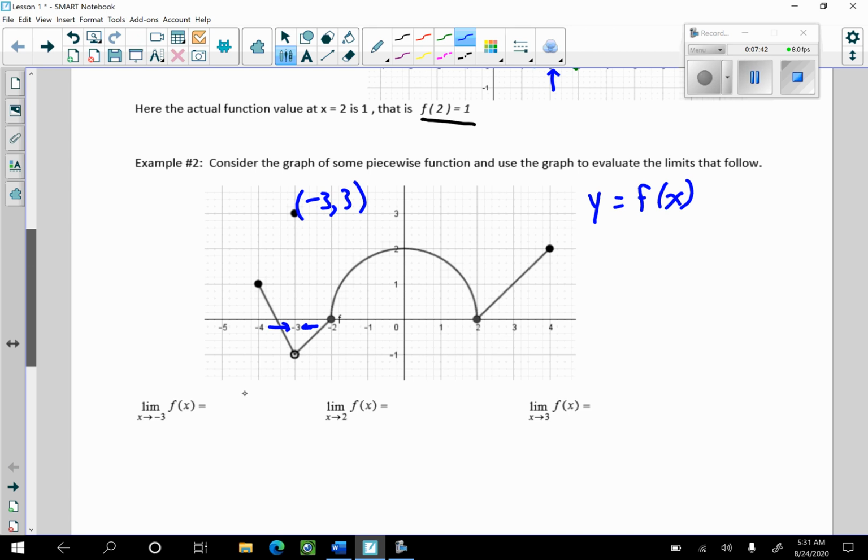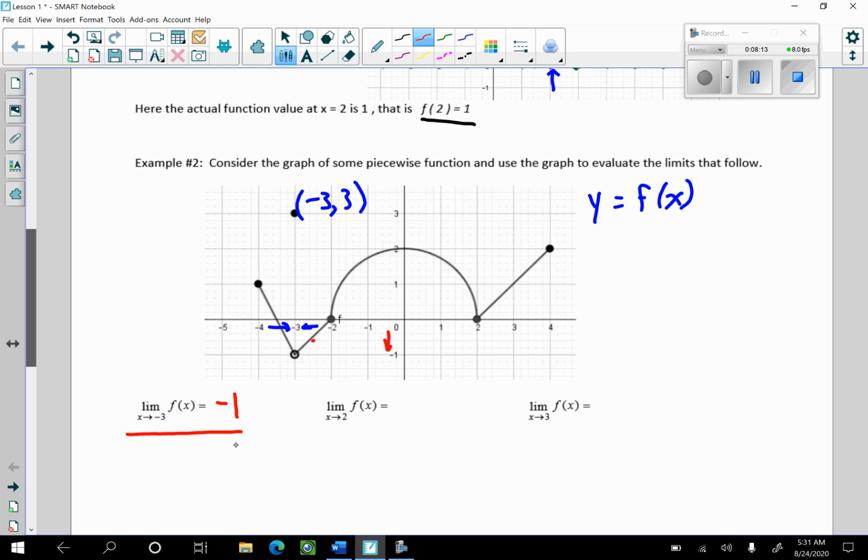Well, we can see they're not getting close to 3. The function values are right here. They're starting here and getting close to -1. They're approaching -1 on both sides. So as x goes to -3, the function values get close to -1. And we say the limit as x goes to -3 of f of x is -1.